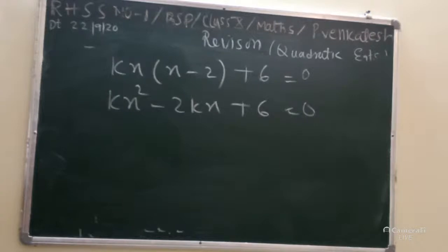Then get the value of k. Come on, do it. I am giving 1 minute time. kx square minus 2kx plus 6 equal to 0.